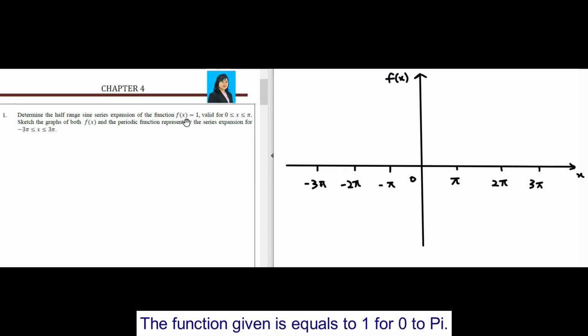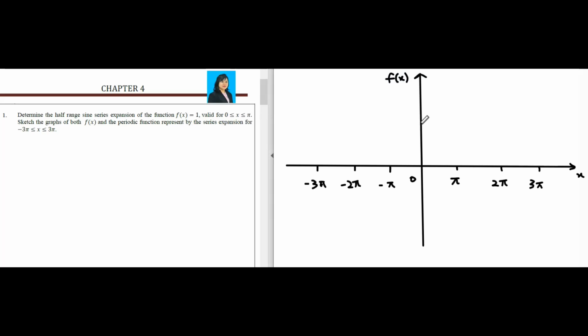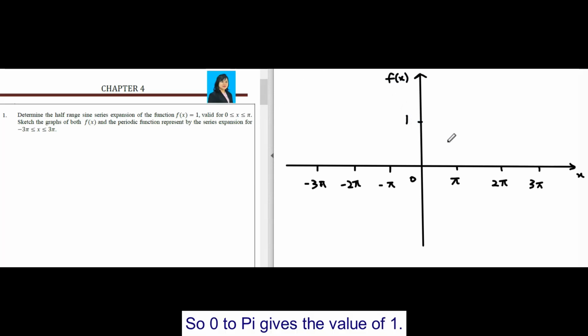The function given is equal to 1 for 0 to pi. So 0 to pi gives a value of 1.